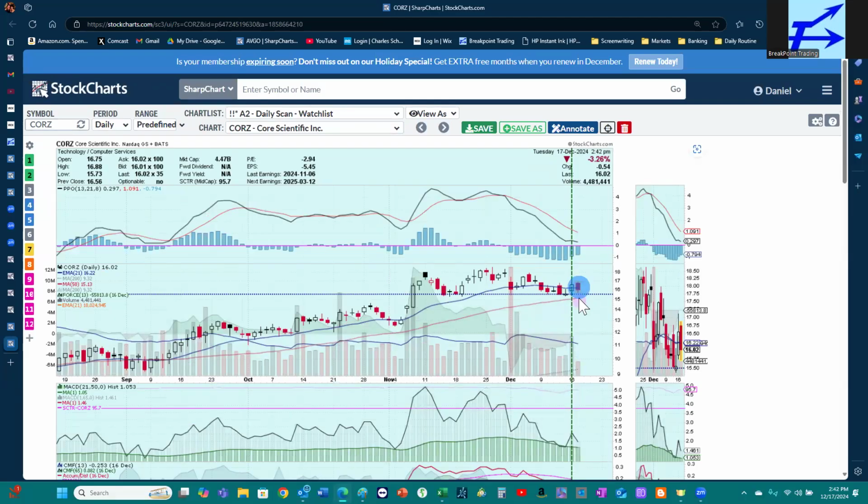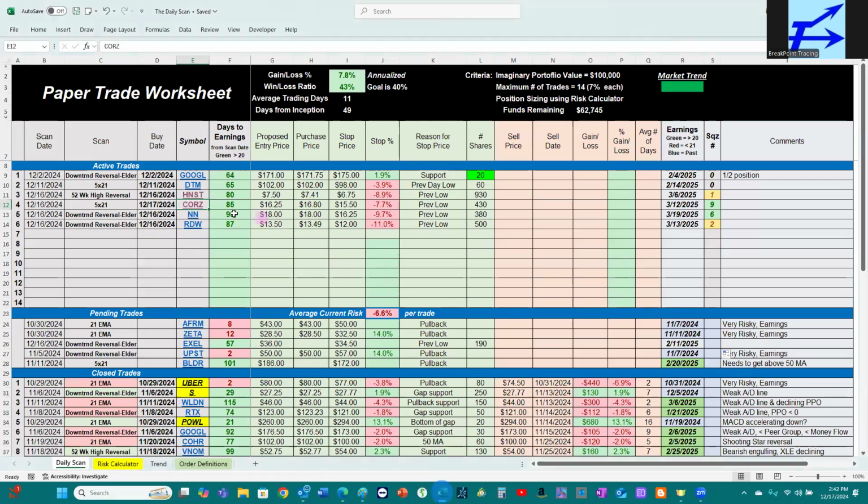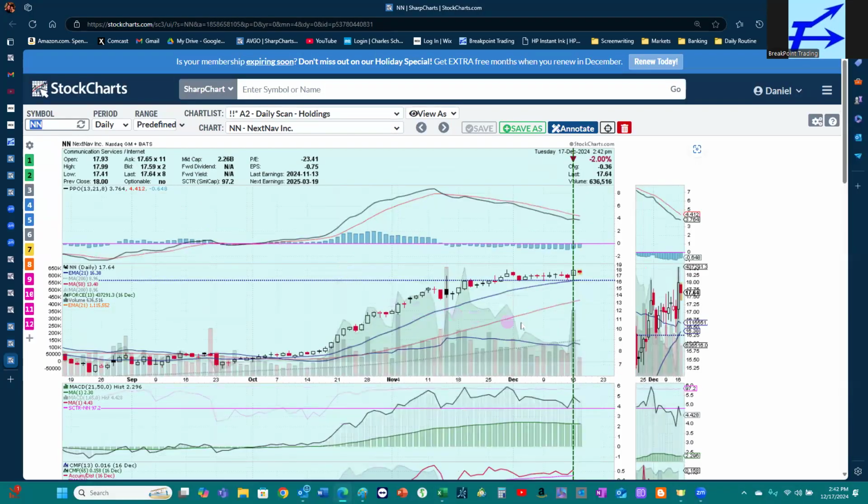It's almost an engulfing candle right there, but still has not hit the stop at this point. And then this one actually looked pretty good yesterday. And it's okay. Has come down a little bit, but not halfway down from yesterday's move, and certainly well above the 21-day and the stop.